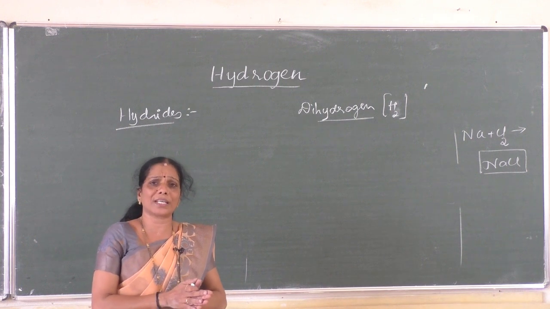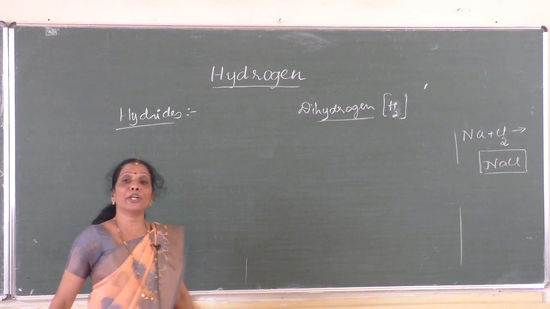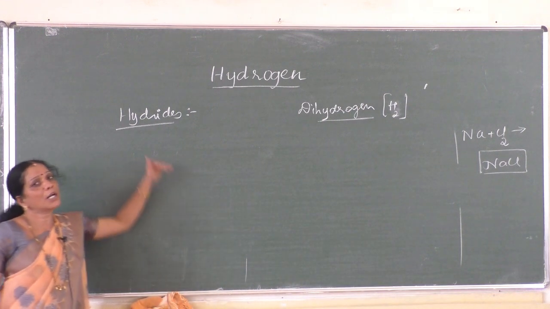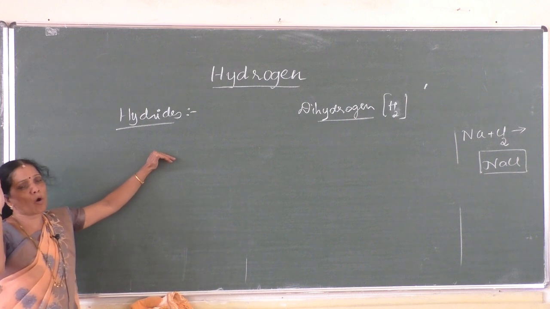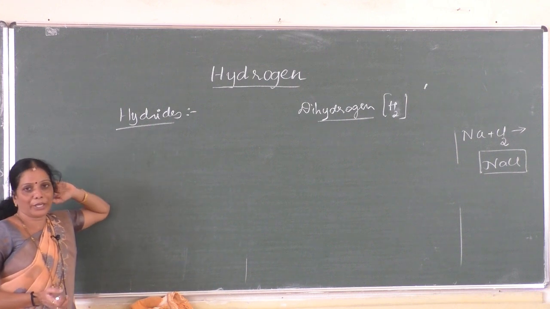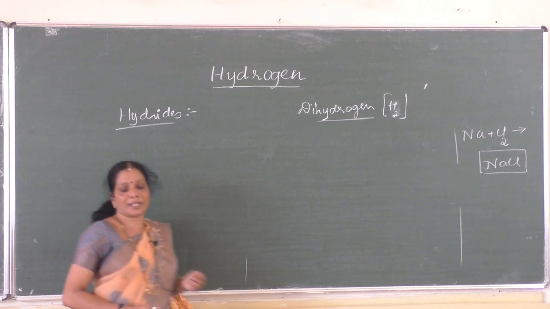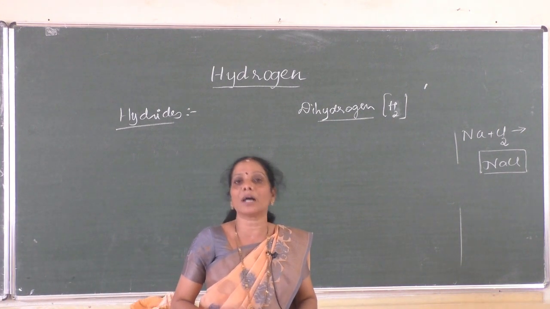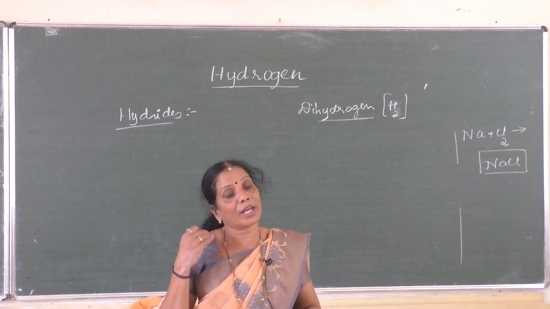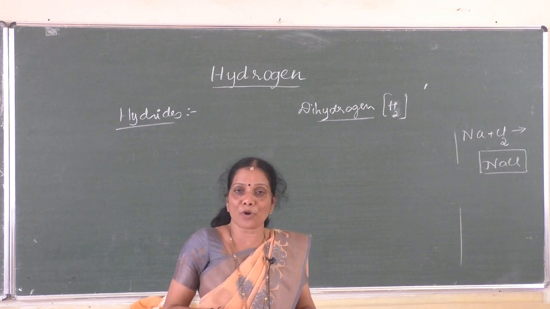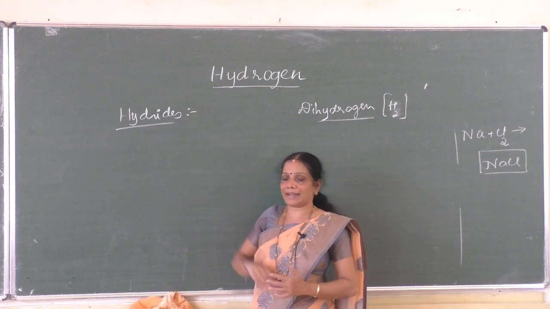That is why noble gases do not have the tendency to undergo reaction. Therefore hydrogen cannot combine with noble gases, and it can react with almost all the elements in the periodic table. Hence it leads to the formation of various products, usually called hydrides.